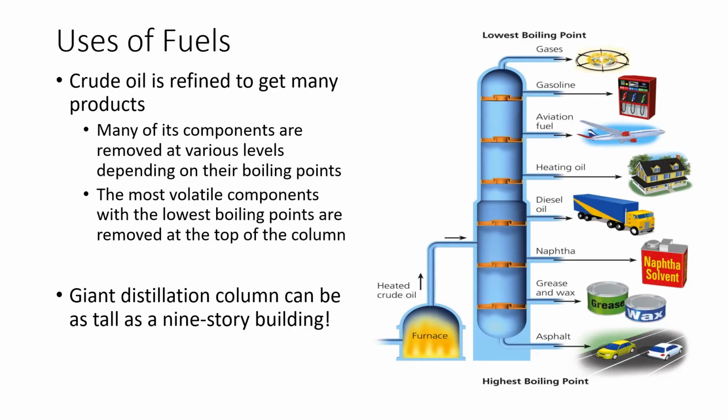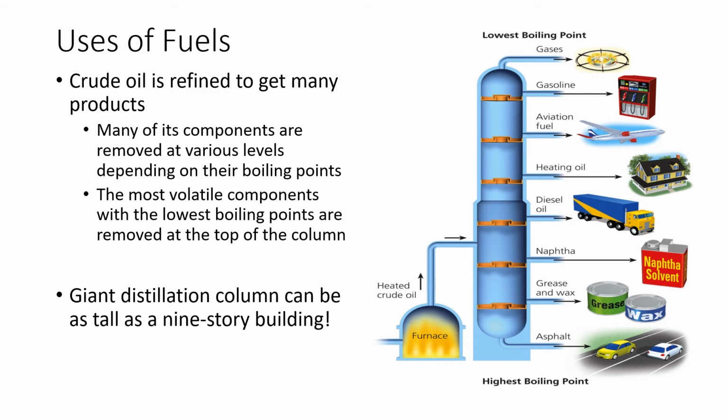Once we have that crude oil, we refine it to get lots of different products. Basically, we put the crude oil in, we heat it up, and then we pull off those products at different boiling points. You have those gases, so we can actually get natural gas from the crude oil. Then you have gasoline, which has a pretty low boiling point.